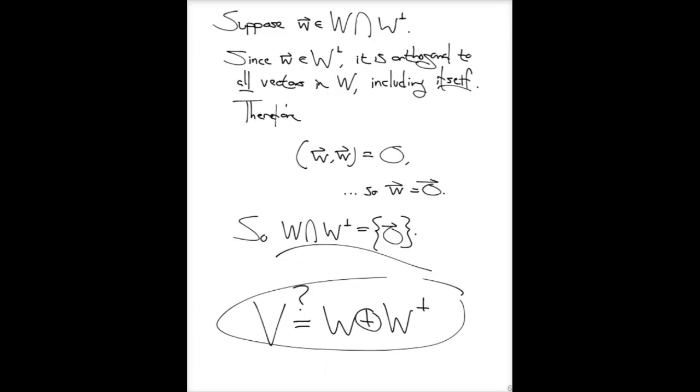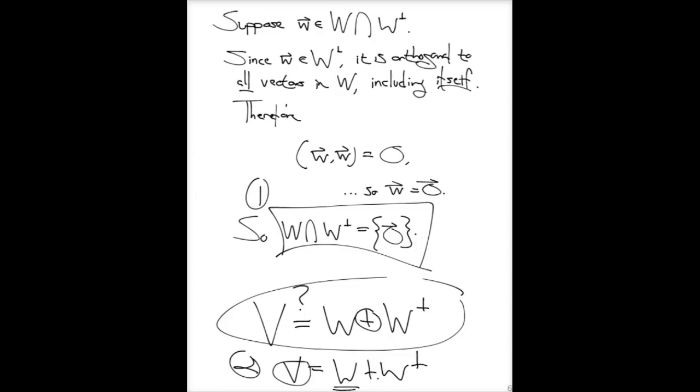But remember, two conditions have to be true in order for that to hold. Not only must the intersection of these two subspaces be 0, but we also have to have, if that's 1, we also have to have 2, that V must be the sum of these two subspaces. That is, we should be able to write any vector in V as a vector in here plus a vector in here. So we haven't shown that yet.